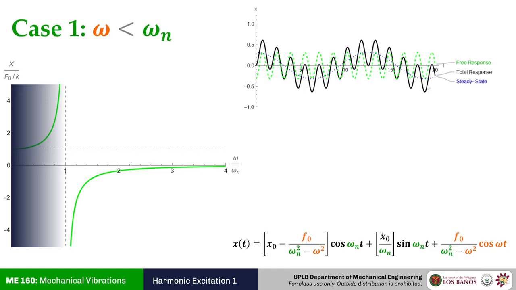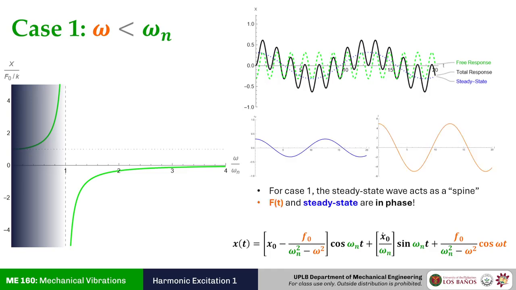But your steady state response, the one swaying to the forcing frequency omega, is big. So for case 1, the steady state wave acts as a spine for the free response to conform to. And the forcing function and the steady state function are in phase. This is the steady state part of your response, and this is the disturbance itself, and they are in phase.